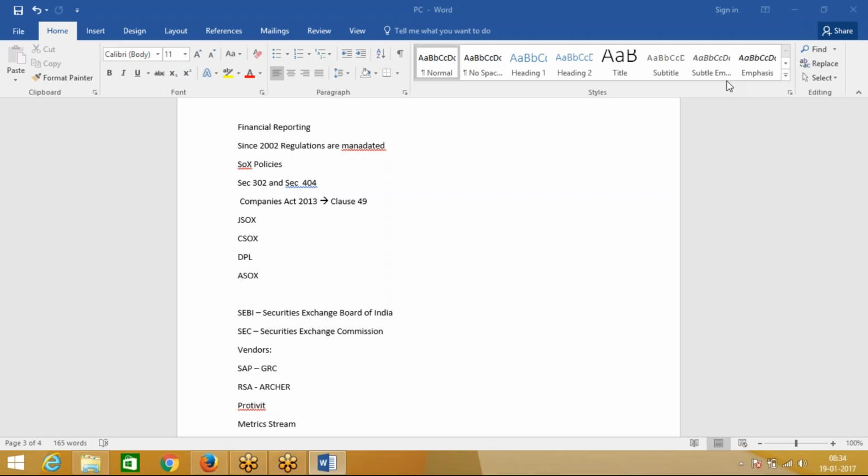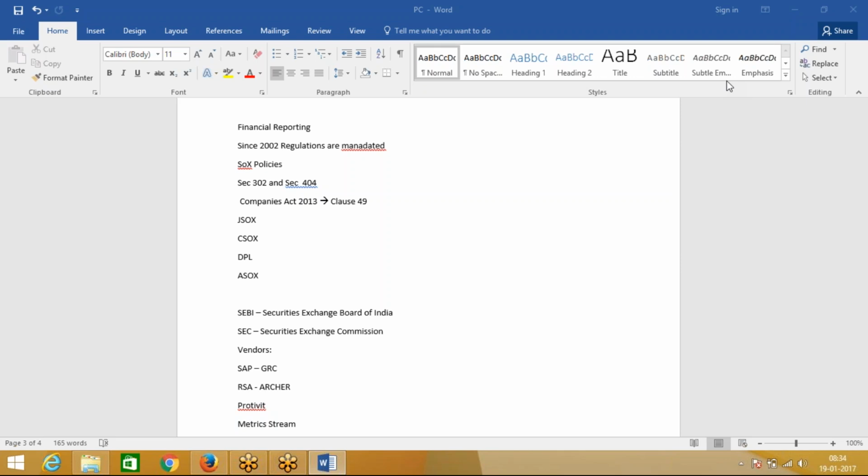If you want to get data from SAP to RSA Archer, we have to use adapters. Adapters act like an interpreter, interpreting the data from the SAP system to the RSA Archer system.